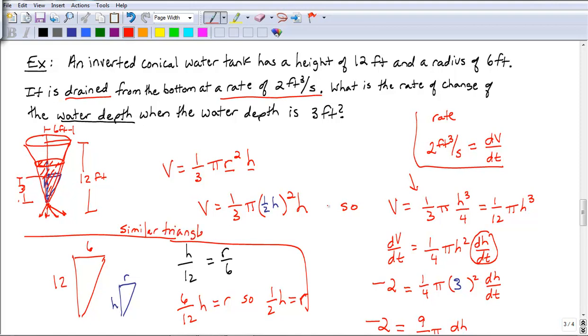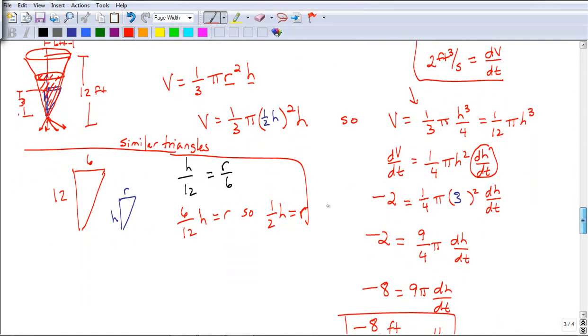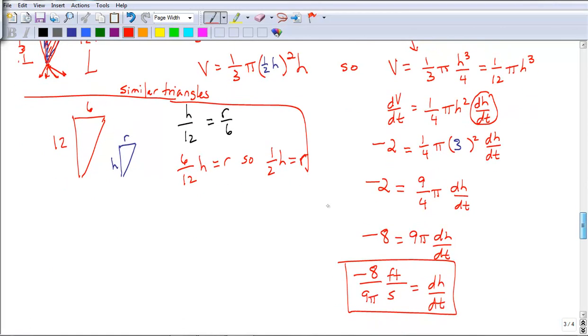Whereas in the problem before, they gave me the relationship between r and h. So remember the basic steps with these, and I think it'll help a lot with these related rates. Figure out what equation you need to use, take the derivative with respect to t, and then plug in.